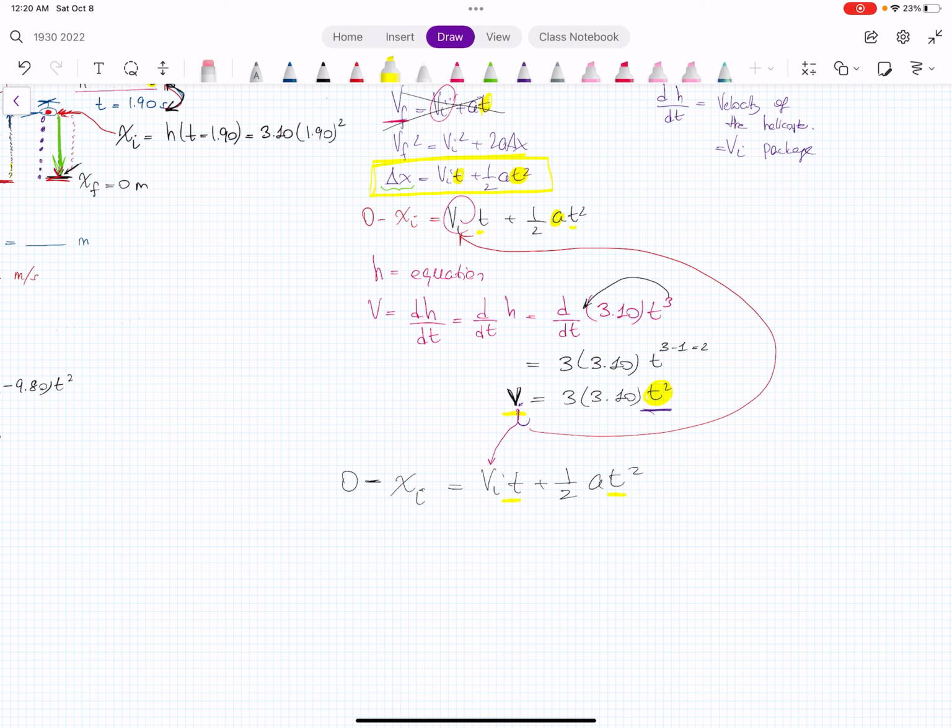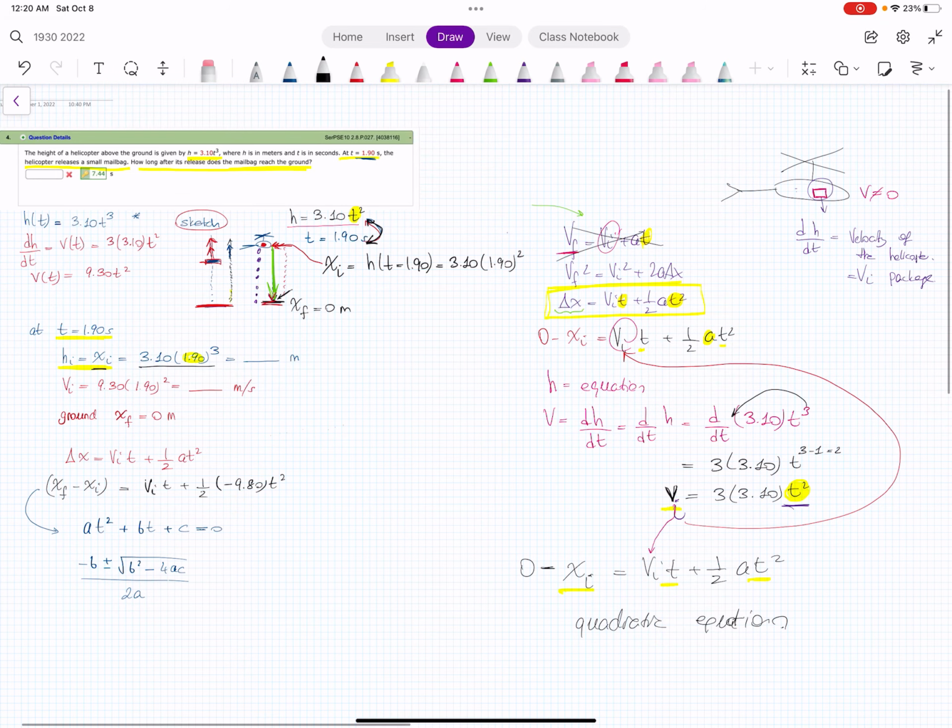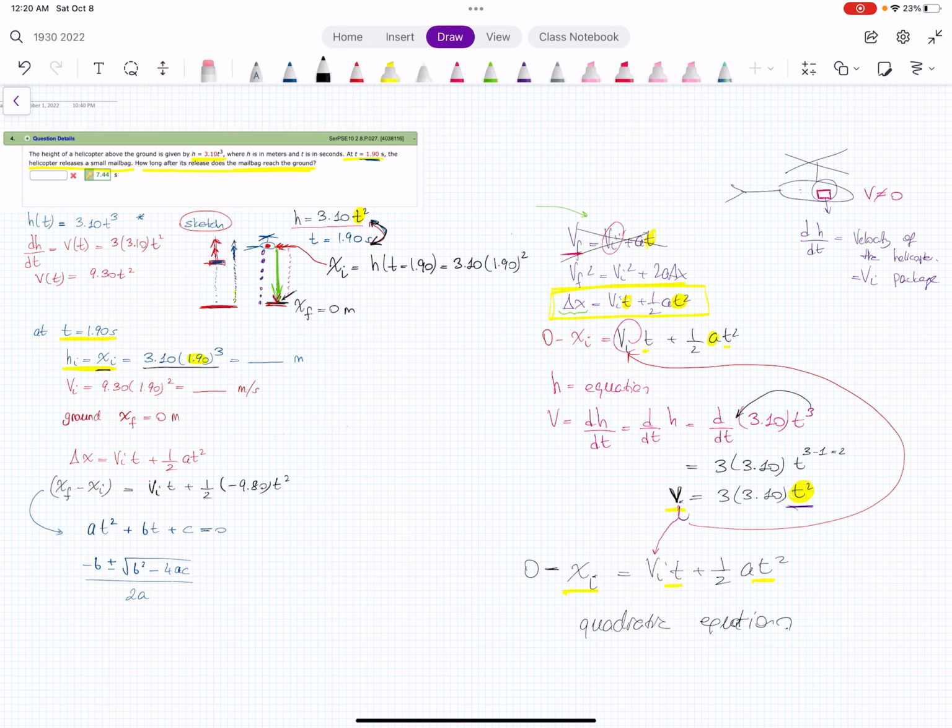Good. Now again, the form you're going to have is a t squared plus b t minus c. You have to use a quadratic equation. Have a look at problems number 1 and 2, and you will know exactly what I'm talking about if you are struggling here.